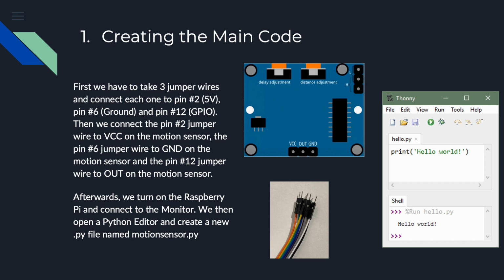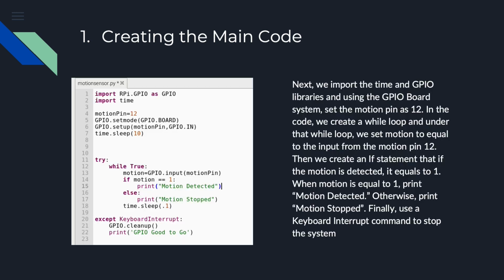We then open a Python editor, like the one listed, which is Thonny, and create a new file named motionsensor.py. For the main code, we want to import the time and GPIO libraries using the GPIO board system, setting the motion pin as 12.